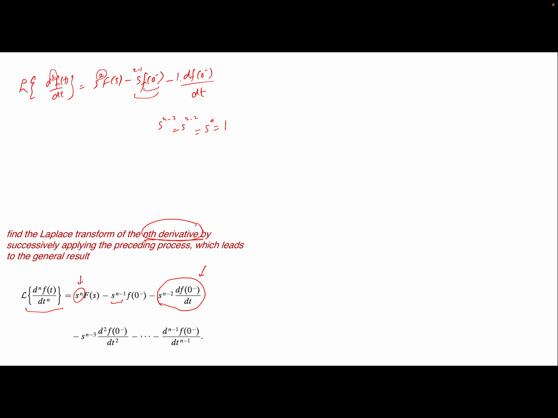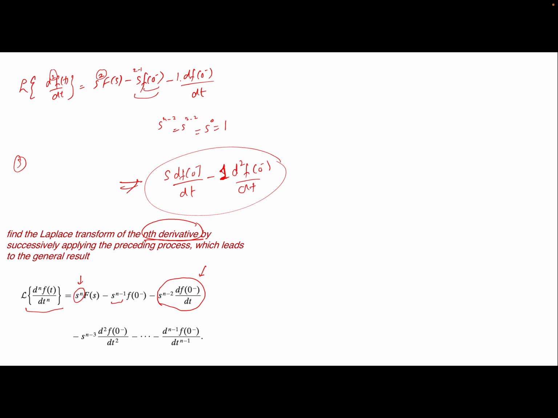If we had a higher power, let's say a third derivative, then we're going to get one term as s times df of 0 negative over dt, and then one more, just one, d squared f of 0 negative over dt.